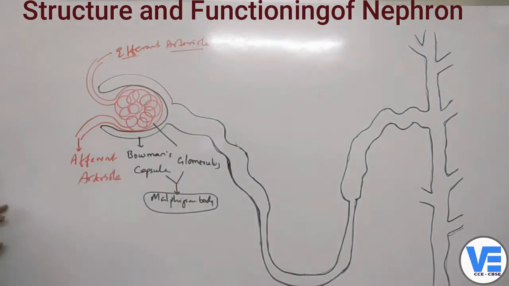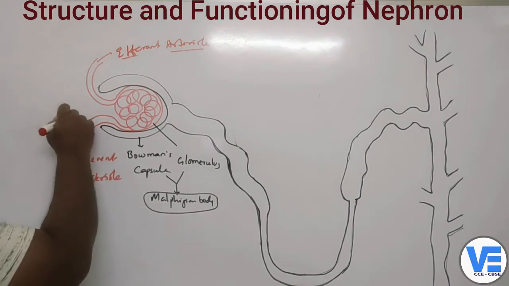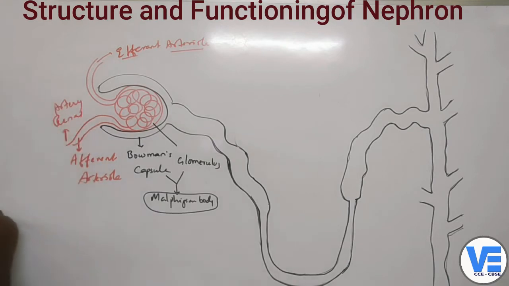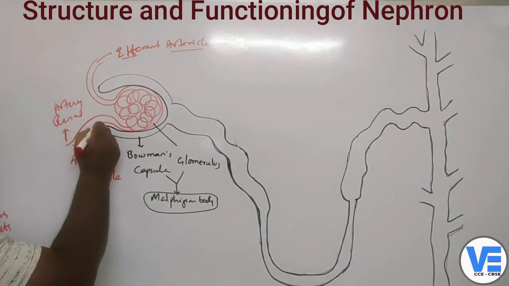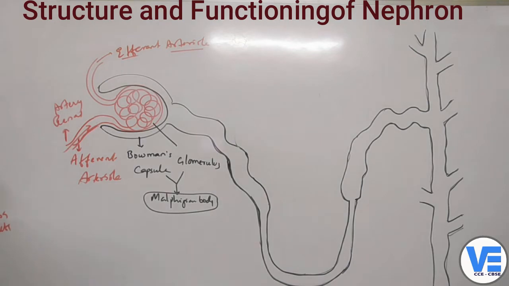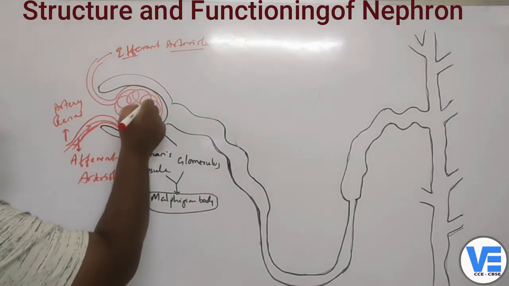Now here, the afferent arteriole is connected to the renal artery. So when the blood comes into this afferent arteriole, it comes into the glomerulus, which is the capillary network.